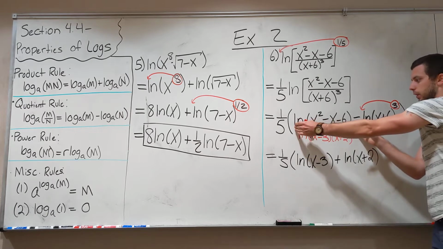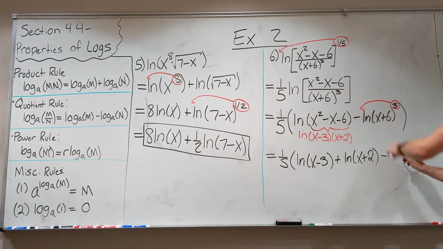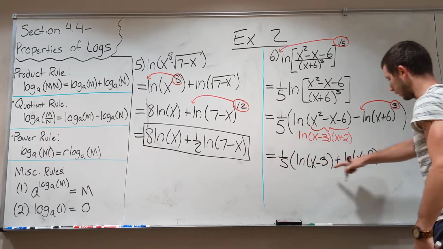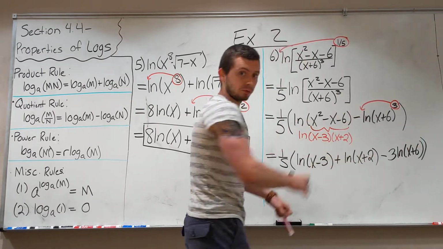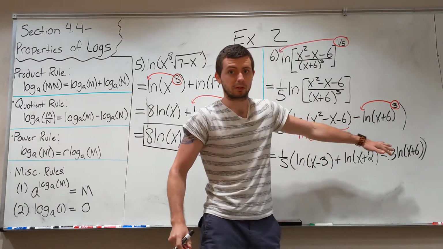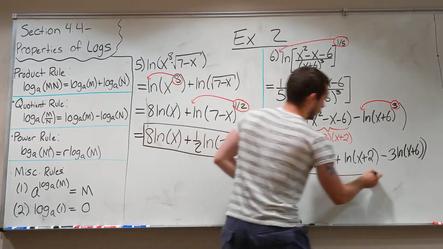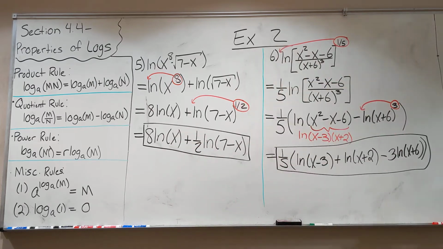That was all of this, and minus the 3 that we just moved to the front, the exponent. We'll close that parenthesis for the 1/5 to multiply to everything. And this is actually our final answer. There's no more exponents, there's no more products or quotients. So we would conclude this as our final answer.